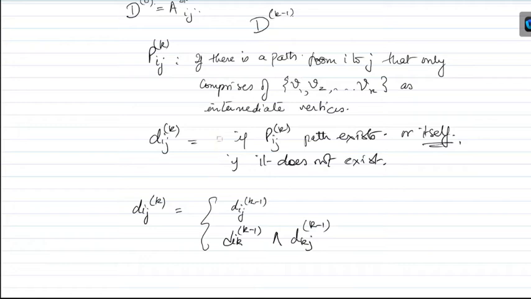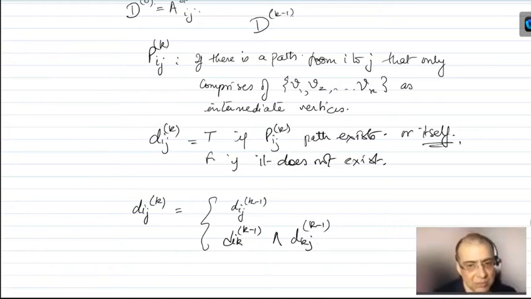So since we are using an AND operation, it's easier. Instead of using 1 and infinity, let's just use true and false. So let's set dijk to true if the path Pijk exists or if the two vertices are the same, i is j. And let's set it to false if it does not exist. So then we can work with logical operators. So now what is dijk? Well, if there is a path from i to k and from k to j comprising of only vertices from v1 through vk minus 1, then dijk should be true.